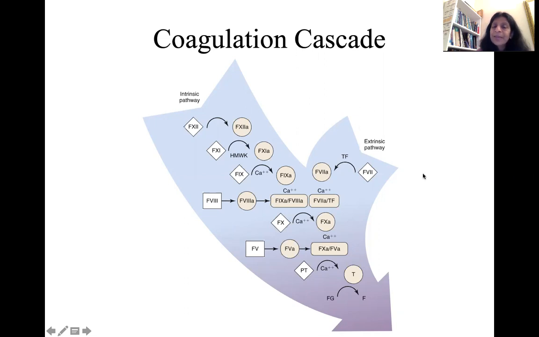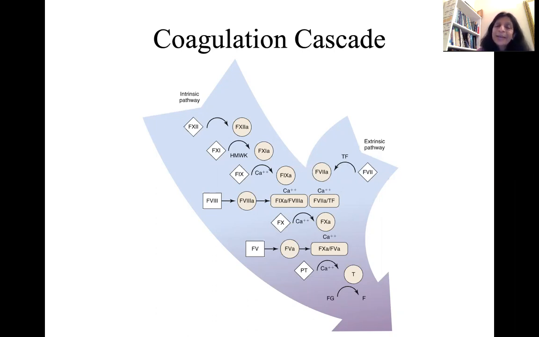So initially, it is injury to the blood vessel that releases tissue factor. Injury to the blood vessel wall, with subendothelial cells releasing tissue factor, would now target factor 7. The diamond shape typically represents an inactive form of factor 7, which is now activated to its activated state in the presence of tissue factor, and the circle represents the activated state.